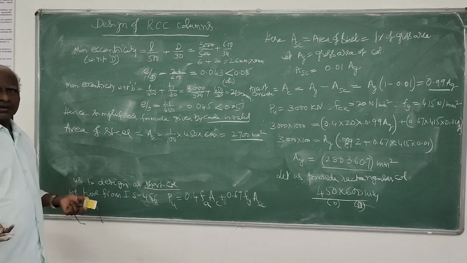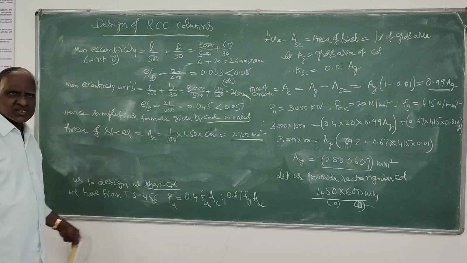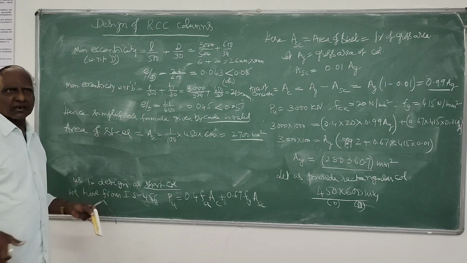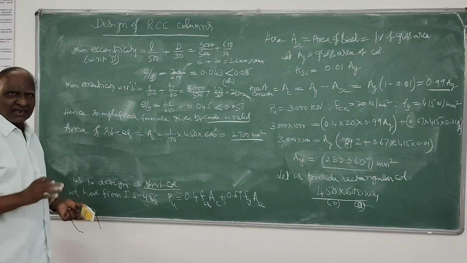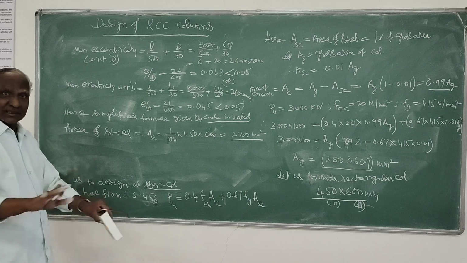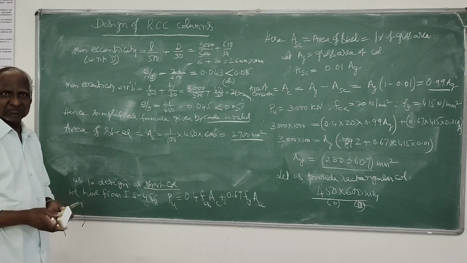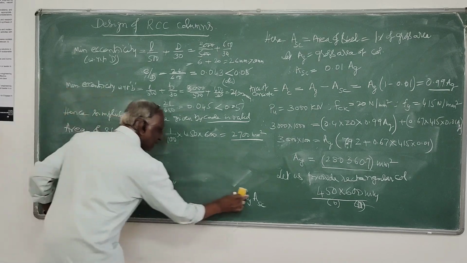So you go for number of bars and also decide whether it has to be arranged only on two parallel faces or distributed around the four edges. And decide about the type, show that by a suitable sketch, that completes the column design. Right? That much work, let us initiate.